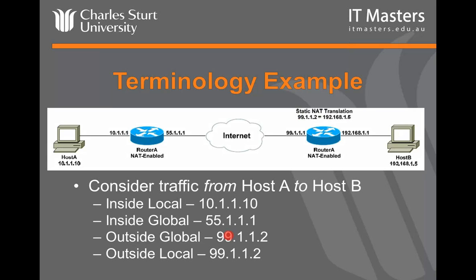So the outside global for this host, because we're considering traffic from host A to host B, should be 99.1.1.2. I hope that makes sense. Remember we said before, our NAT can be an IP address that's on the router, it can be an IP address that is just allocated to a device, or it can be a pool of IP addresses.